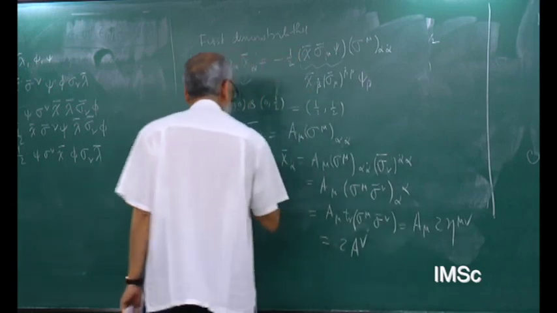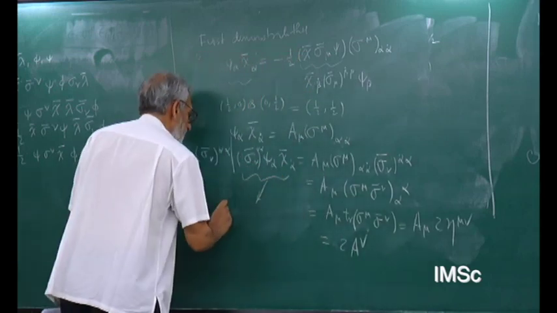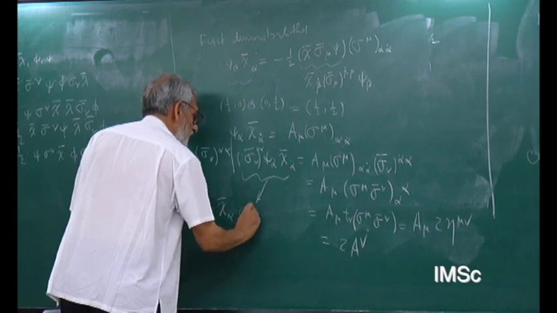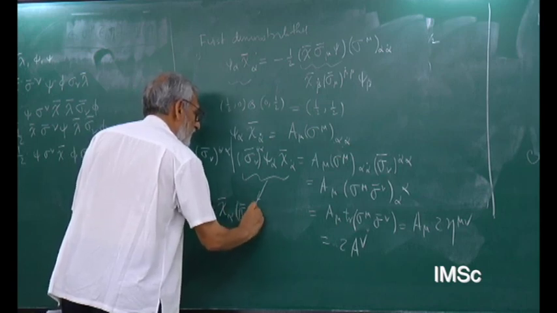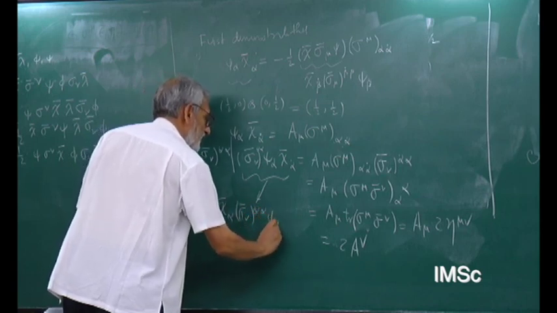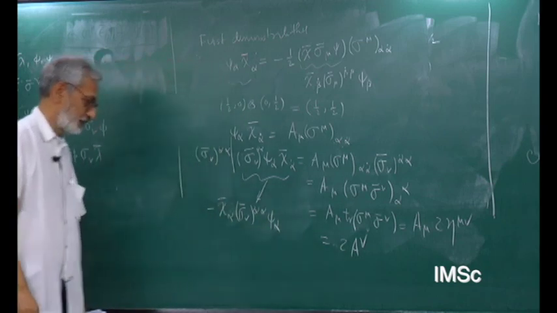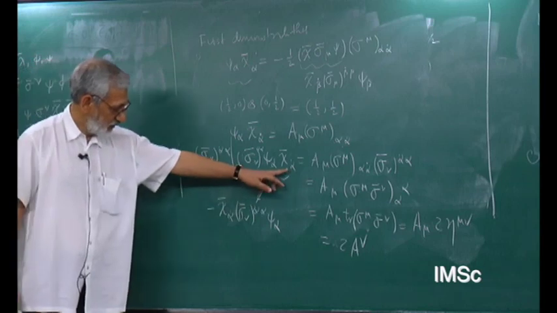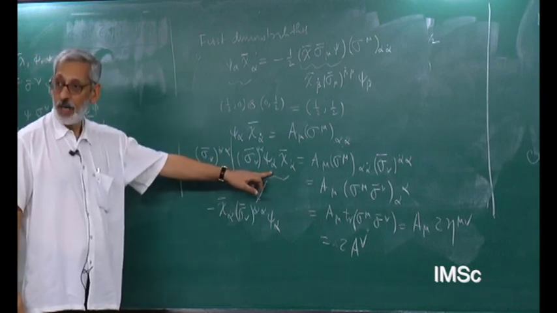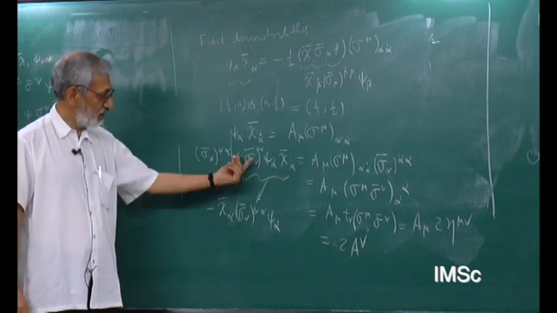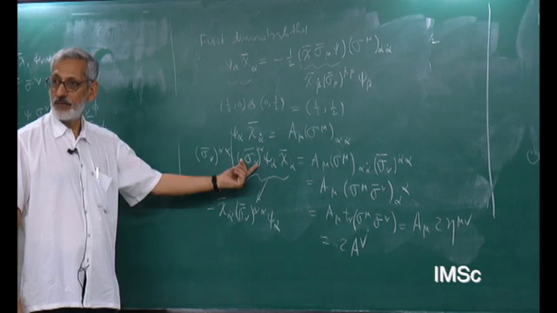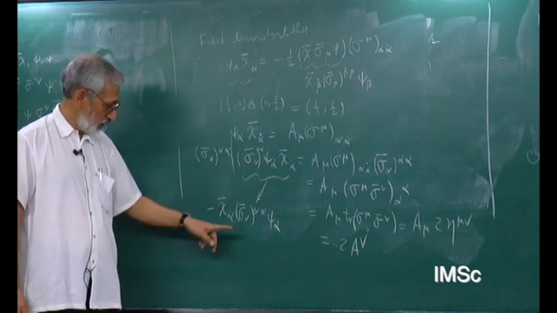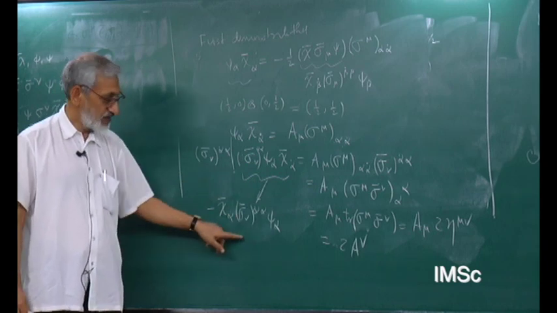So this I can write as chi bar dot minus sigma nu bar alpha dot alpha psi alpha. Take chi bar across psi, and this is just a number, a matrix element, so I can take it around sigma with a change of sign and rewrite this as this.